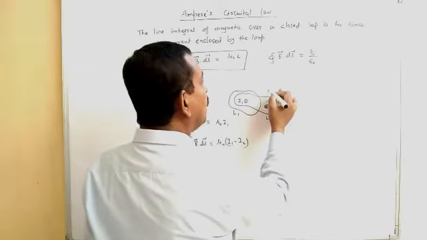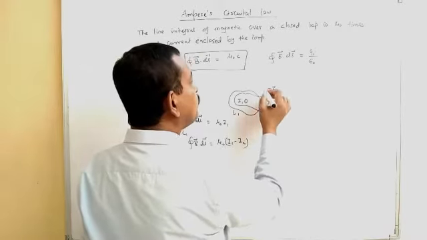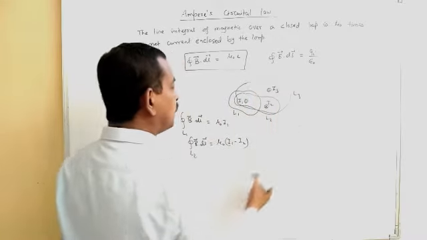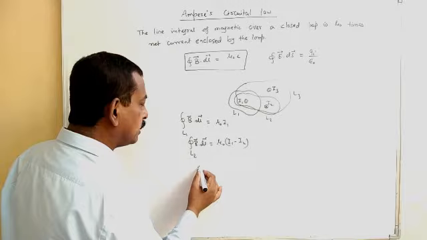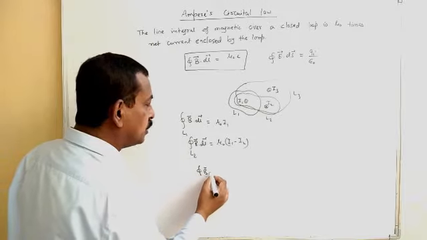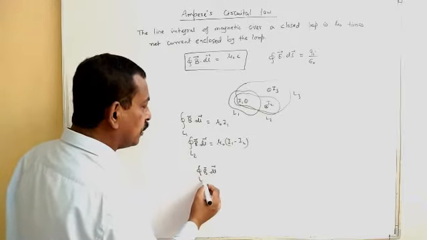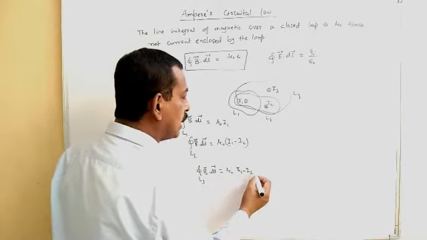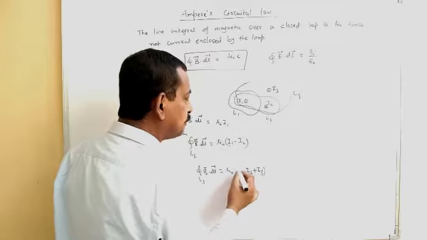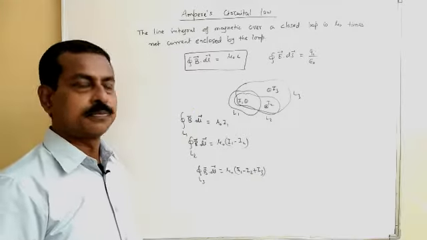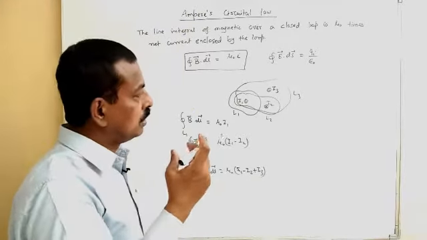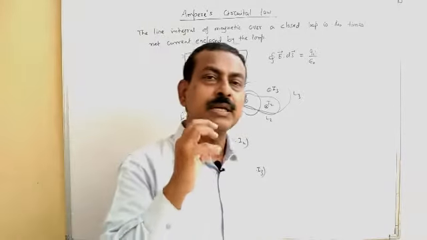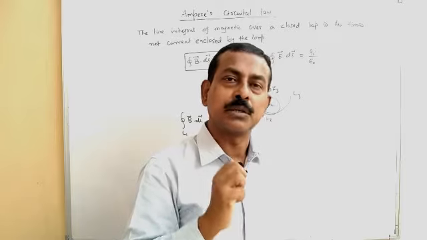Or suppose I have another current I3 coming out of the plane, and this is the loop L3. So in that case, integration of B dot dl over L3 is mu naught times I1 minus I2 plus I3. So this will be used for different closed loops. We have to just see what is the net current enclosed by the loop.